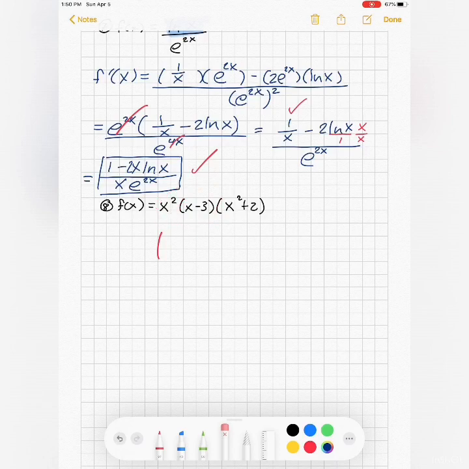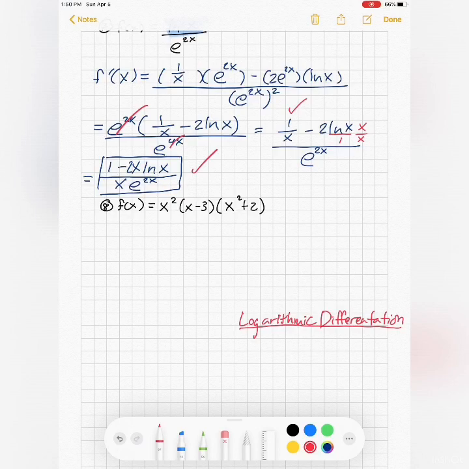So there's another idea now that we know how to work with derivatives of logarithms. The other idea would be to use something called logarithmic differentiation. So you see how this function actually doesn't have any logarithms in it as it's written?